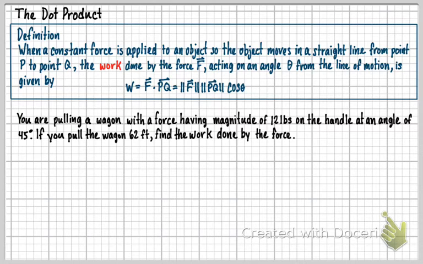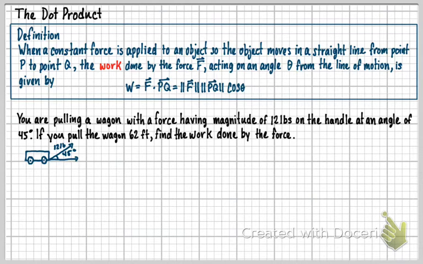I'm going to draw a wagon, and I'm going to draw a vector coming out, and that's going to be my 12 pounds. And I'm also going to draw an angle here. I'll be pulling it straight, and this angle is 45 degrees.